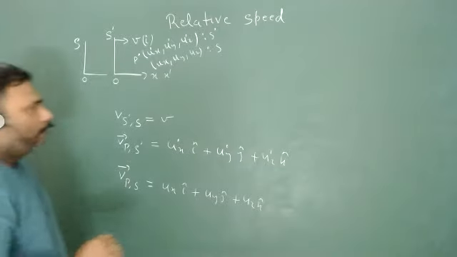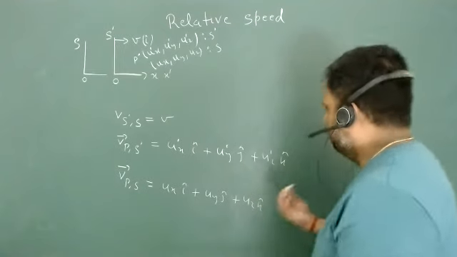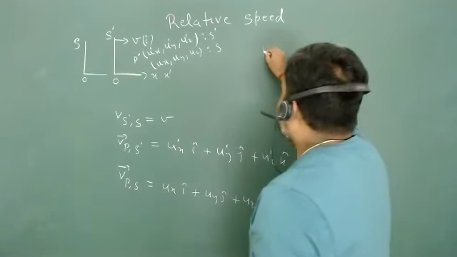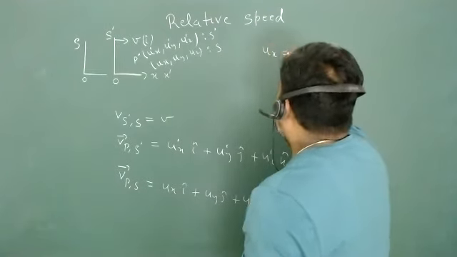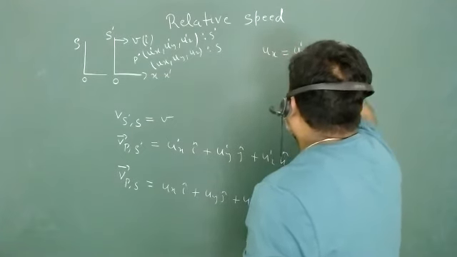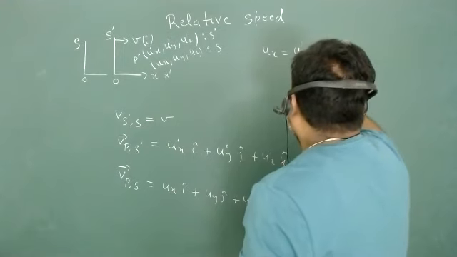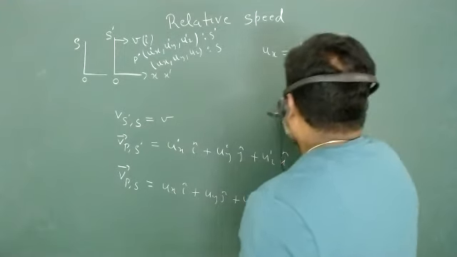And we have the relationship between ux and ux dash, uy and uy dash, given as: ux is equal to (ux dash plus v) upon (1 plus ux dash v upon c square).